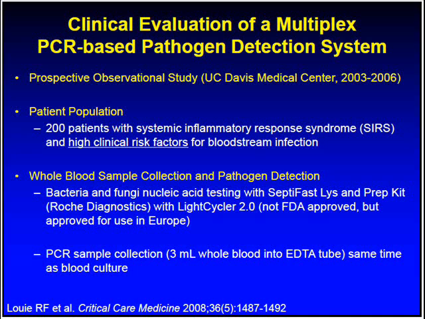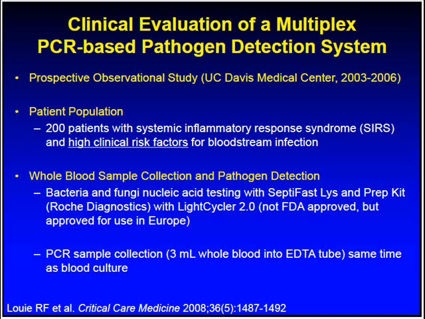200 patients with high clinical risk factors for bloodstream infection and who met the SIRS criteria were serially enrolled into the study. They included patients from the intensive care units, general medicine floor, and emergency department. We collected 3 milliliters of whole blood into an EDTA tube at the same time as blood culture.